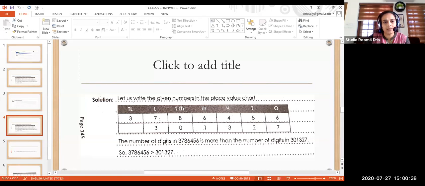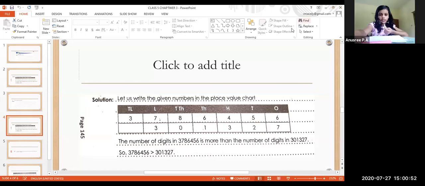Here we have one number, 37 lakh 86,456. How many digits are there? 7 digits. So children, before you start writing, first count the number of digits.